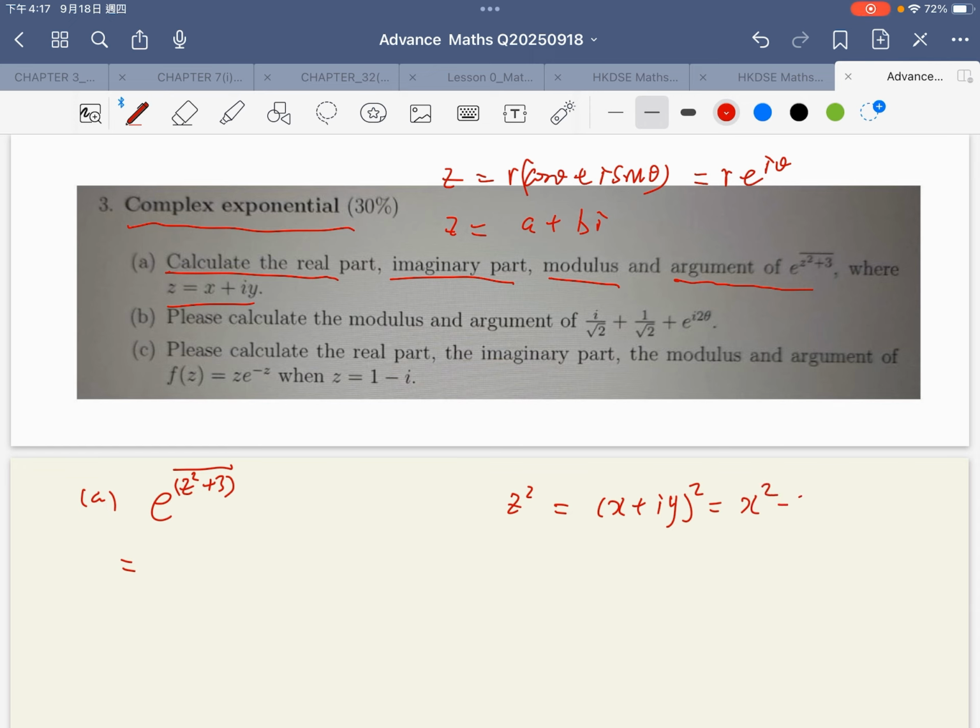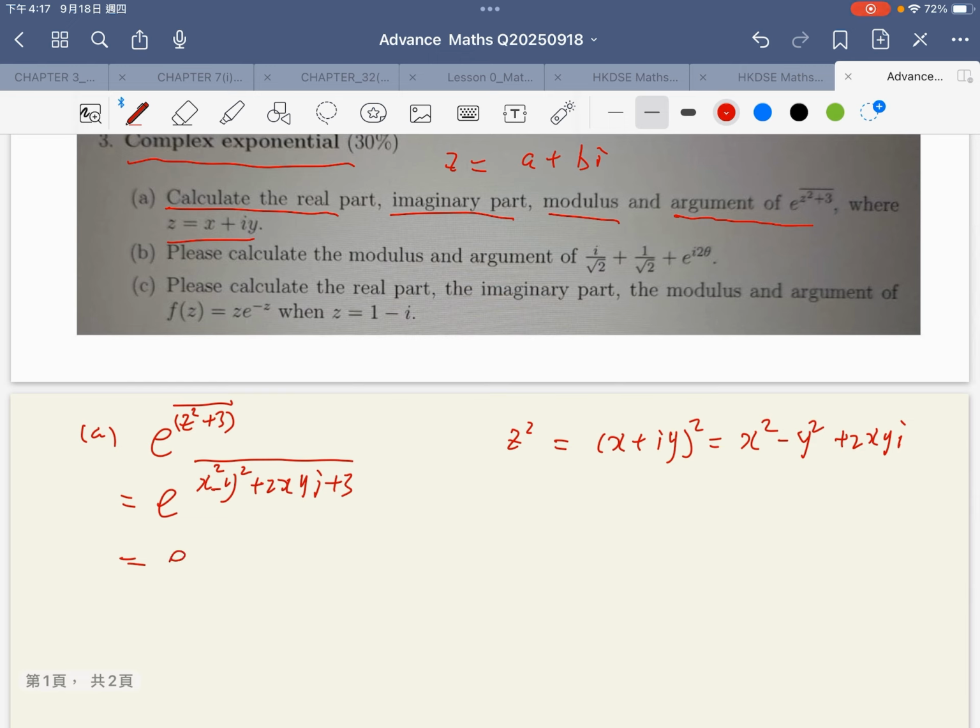That is x squared minus y squared plus 2xyi. Therefore, the exponent should equal x squared minus y squared plus 2xyi plus 3 conjugate.